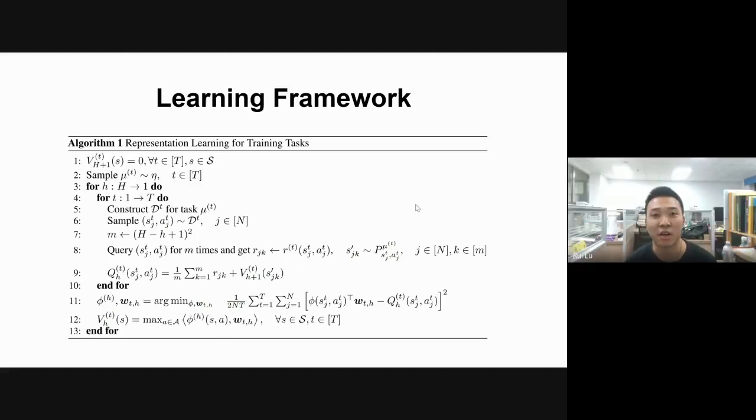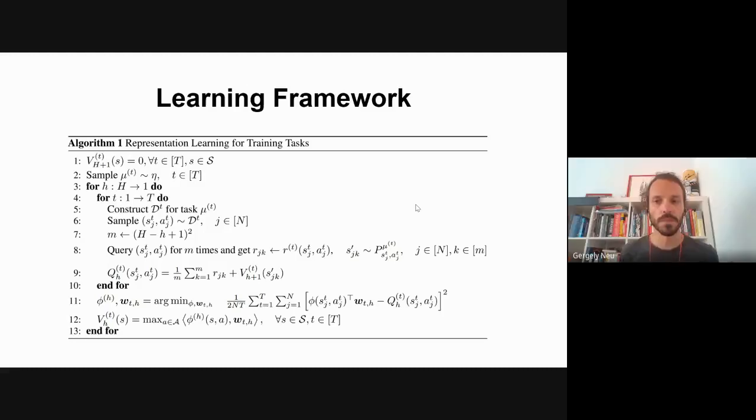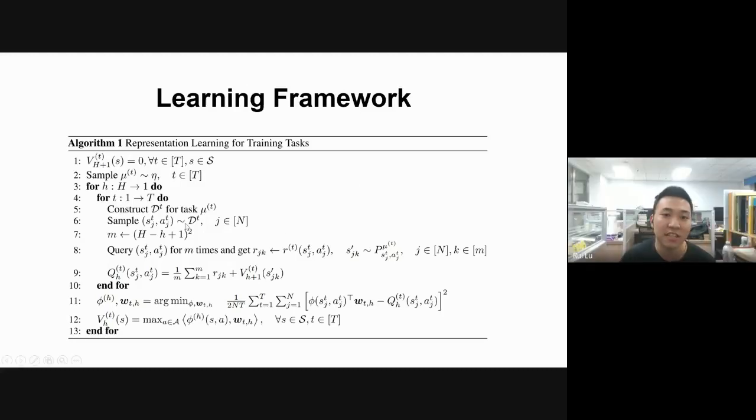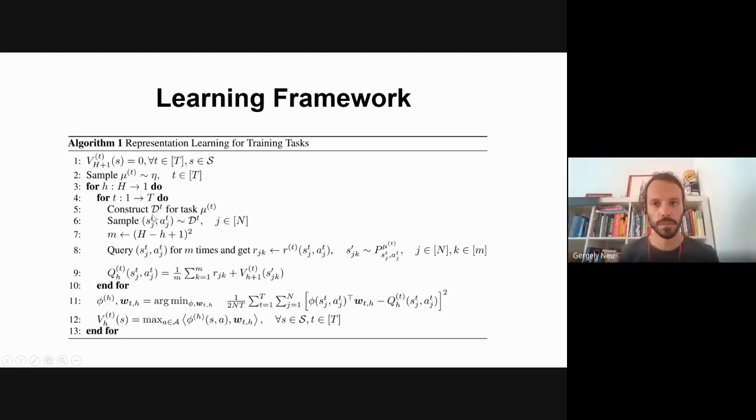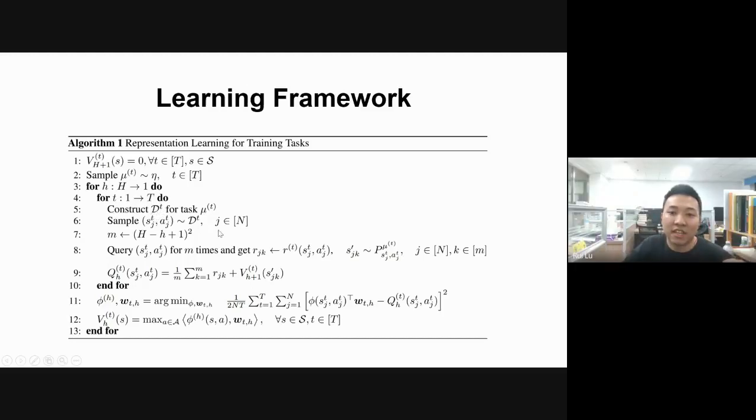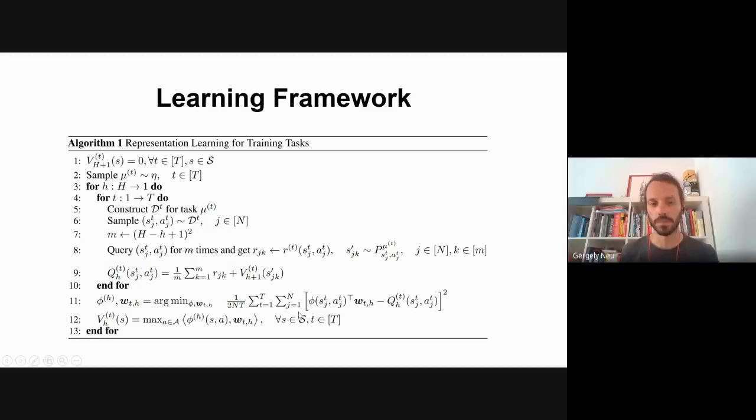Actually, Huang has a recent paper talking about this. But in our analysis, the first part is the linear representation class. You can construct the distribution very easily. You can just construct a uniform distribution over the standard basis, and that would automatically have a guarantee on the performance of your linear representation.